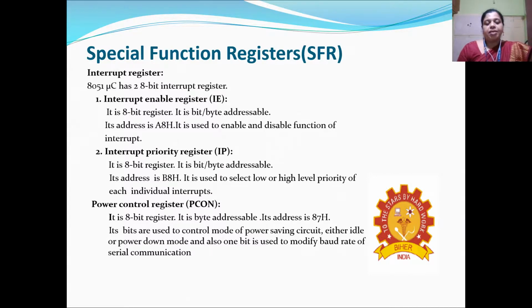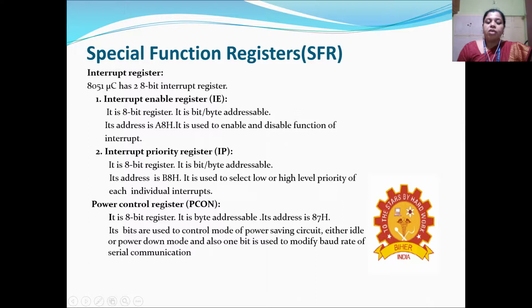So the next type of special function register is the power control register. It's going to be an 8-bit register. It is again byte addressable. Address is 87H. The main purpose of the power control register is to control the mode of the power saving circuit.